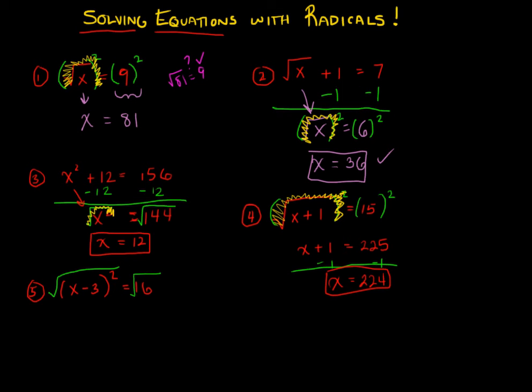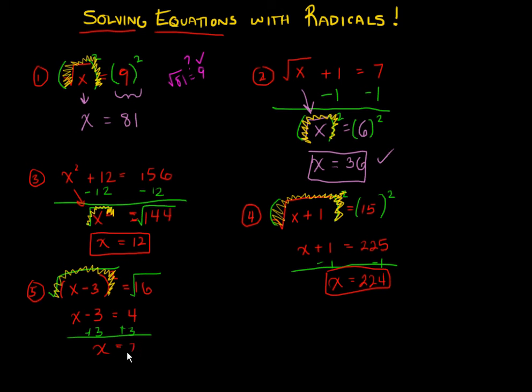Just like before, the square root and a square will cancel out, leaving us with whatever's left over, and that's x minus 3. And the square root of 16 is 4. From here, it's really not bad at all. Let's add 3 to both sides. And our final answer is going to be x equals 7.